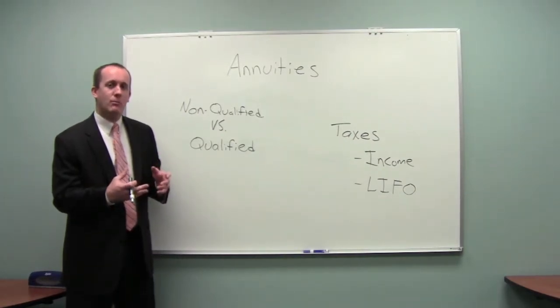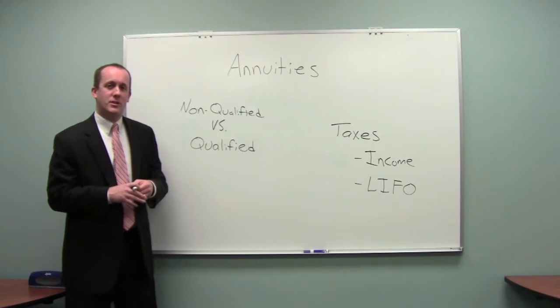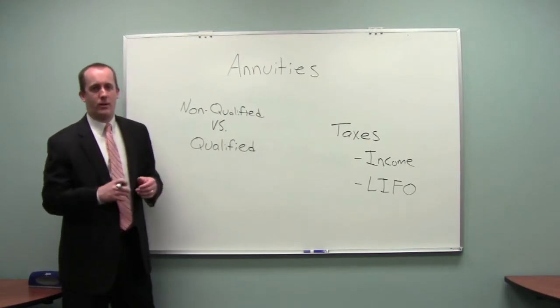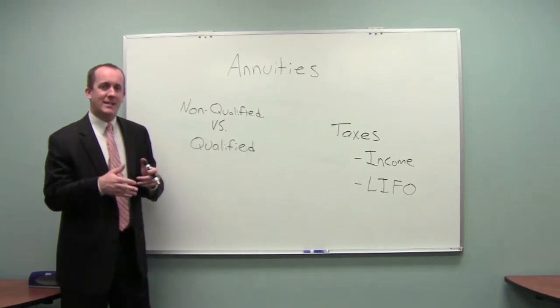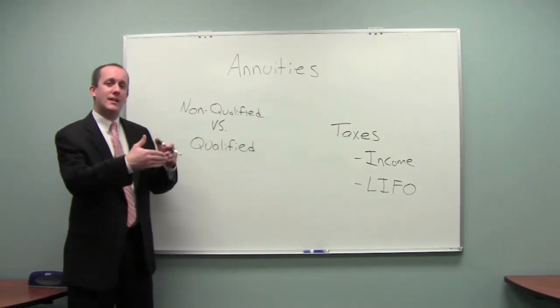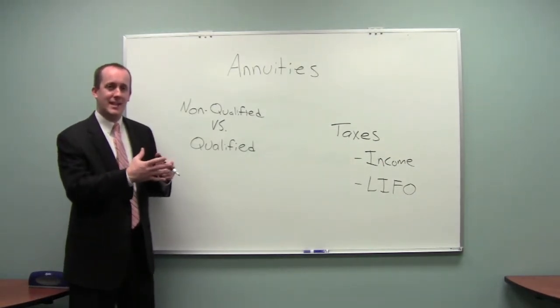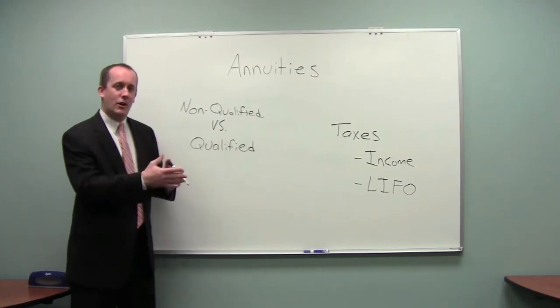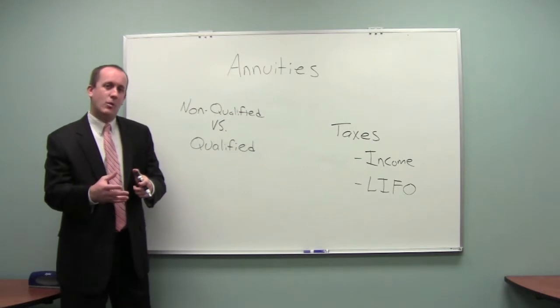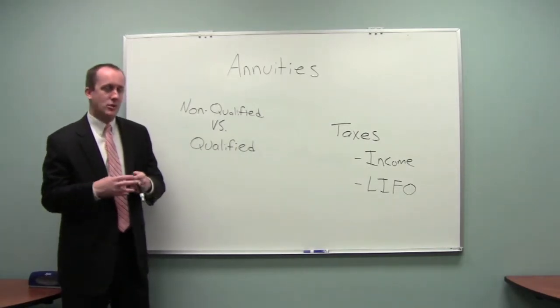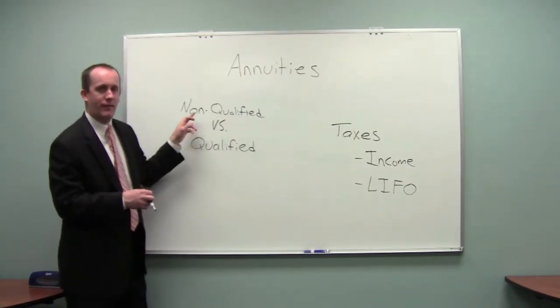So for example, if someone had $100,000 sitting in a money market account, or they had a CD that just matured, they're paying taxes every year on the interest they receive in that CD. If you take that $100,000 and put it into an annuity, again, we're assuming it's not an IRA, so that would be a non-qualified annuity.